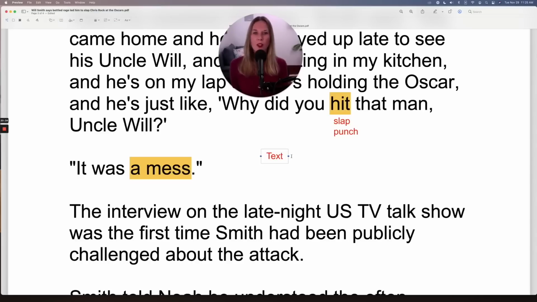That's how I would describe it. It being the situation. So the situation, in this case, the incident at the Oscars when he slapped someone, this situation was a mess. So it's the opposite of ideal, which is a good situation, right?